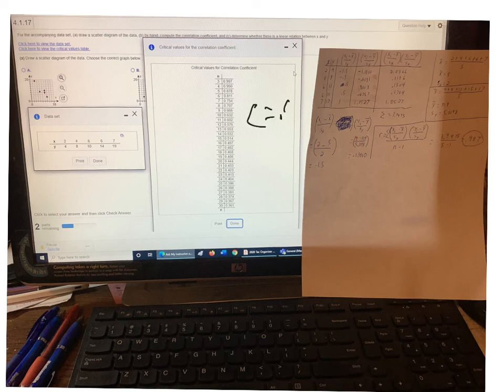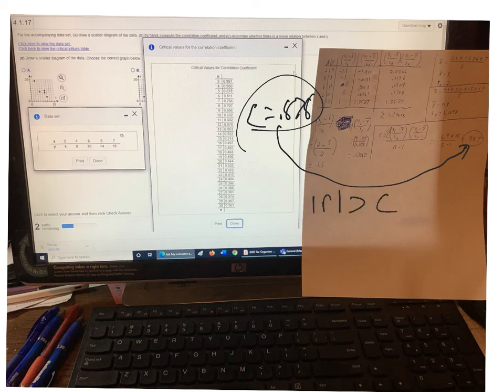C is 0.878, and you want to compare that to R. If the absolute value of R is greater than C, and that's the case here, 0.987 is greater than 0.878, then we say there is a linear relation between them. So it's just comparing what's in this table to what you get in the previous part. That's just comparing two numbers, that shouldn't be too bad. Hope this helps.